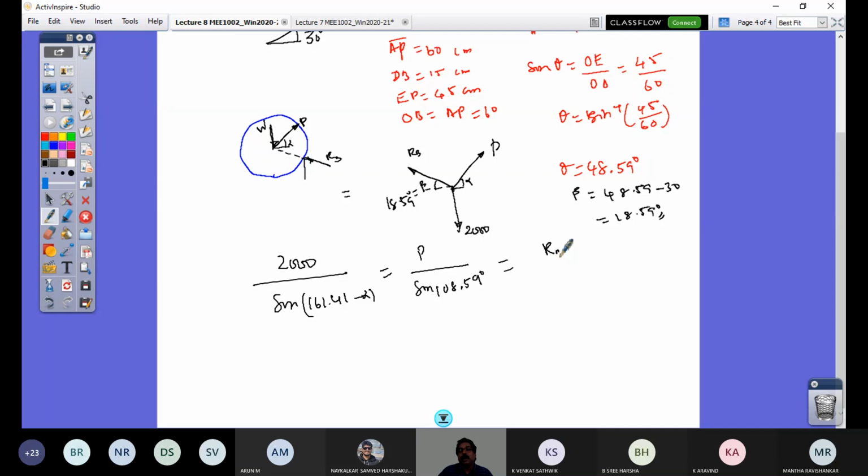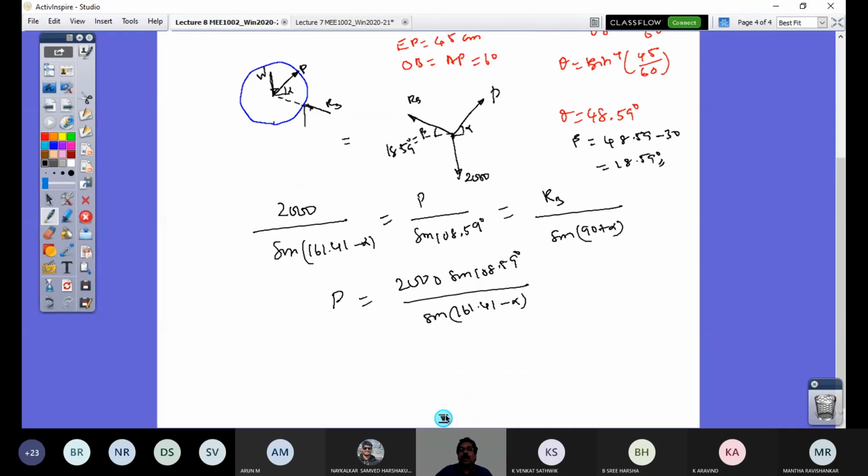That's equal to RB by sine 90 plus alpha. That's all. So now I would be able to get my P. That's equal to 2000 sine 108.59 by sine of 161.41 minus alpha. So this is my expression for P.